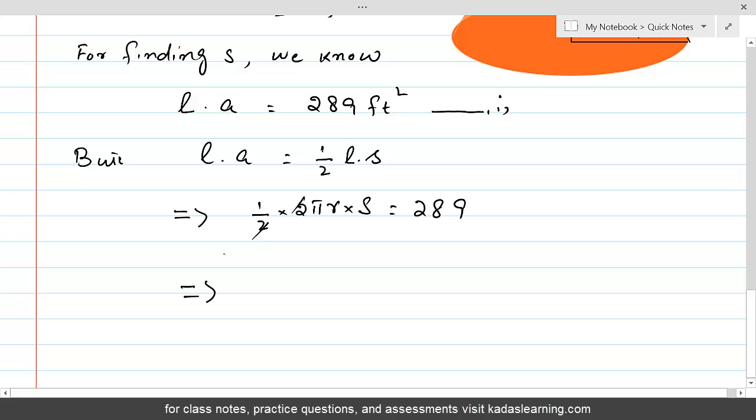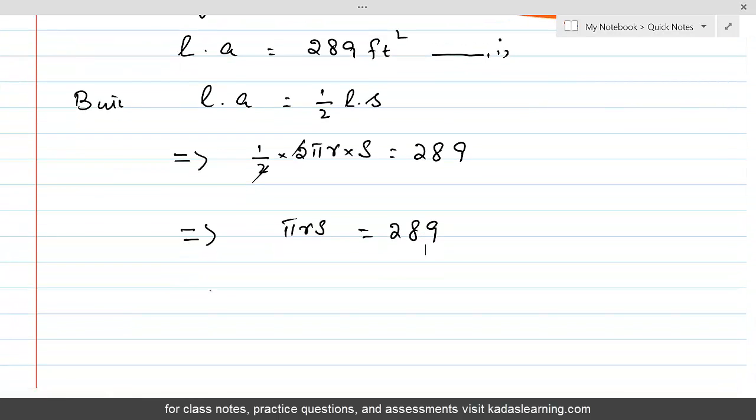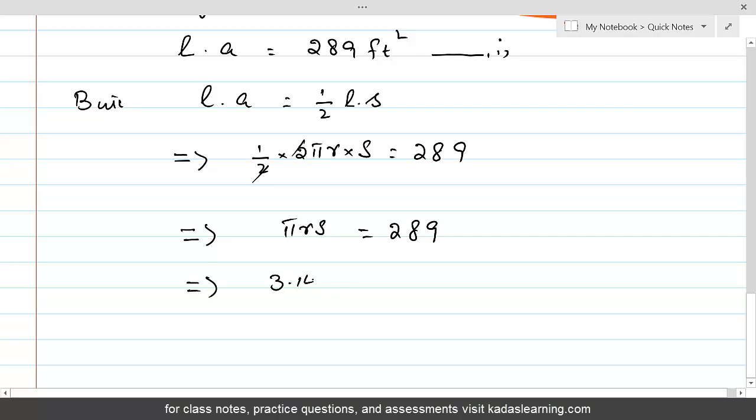So by using this relation, we will be able to find out S. So 2 will be cancelled with 2. Pi r S is equal to 289, and the value of pi is 3.14, times 6 feet times S is equal to 289.